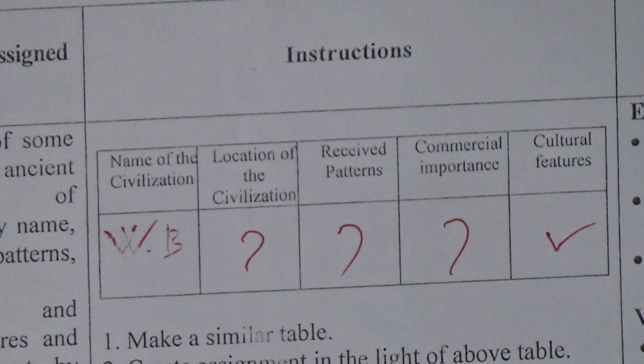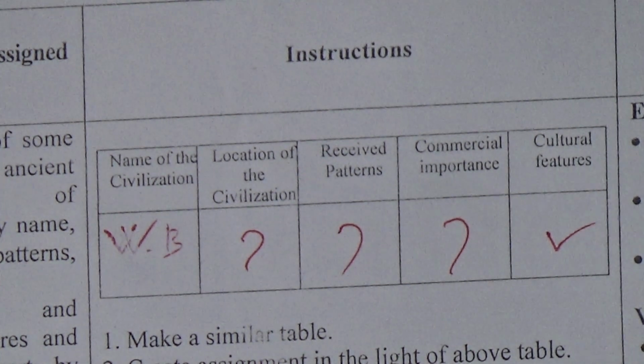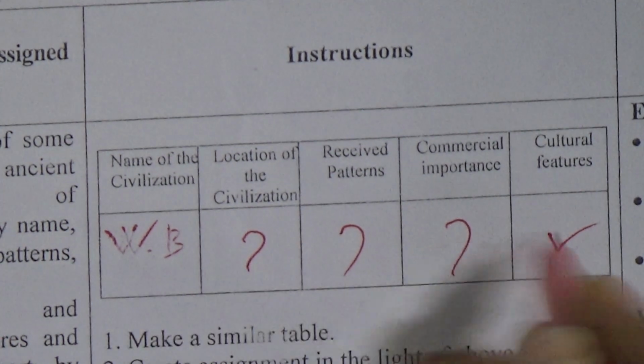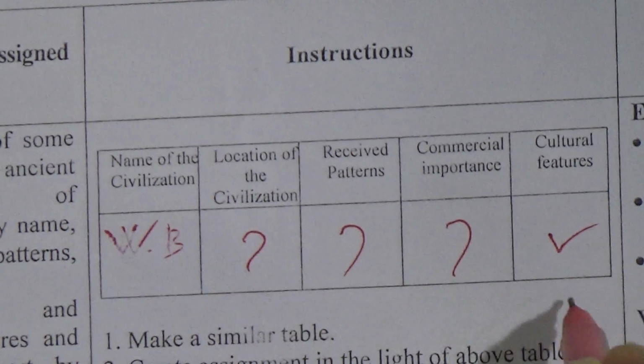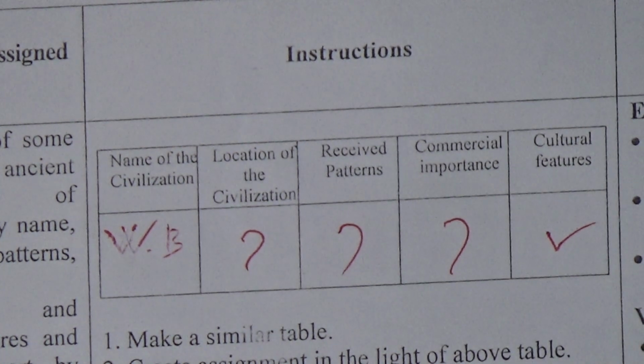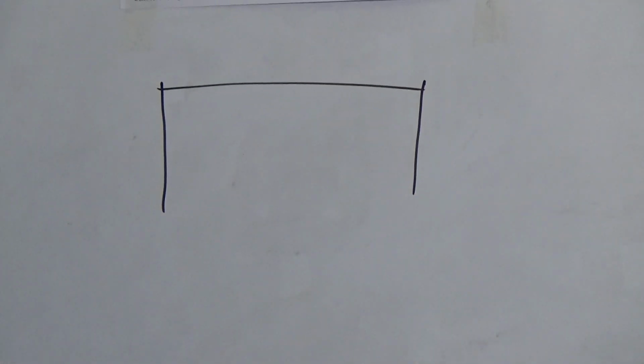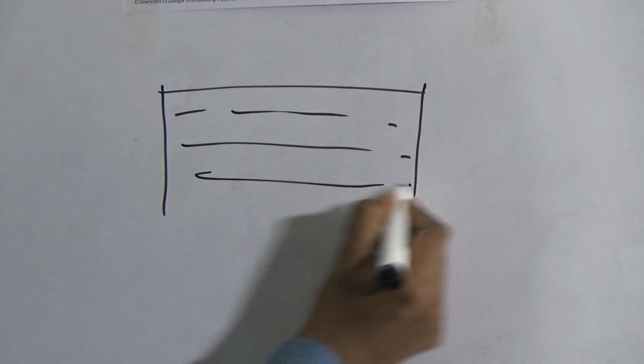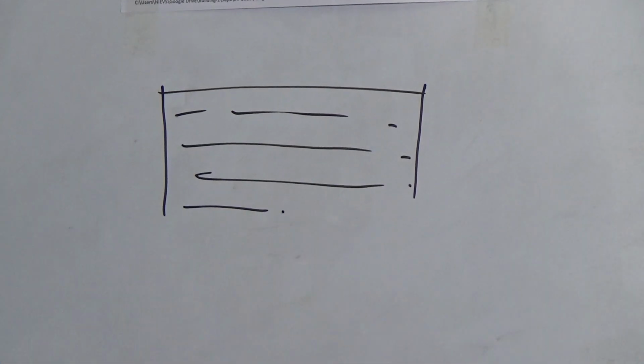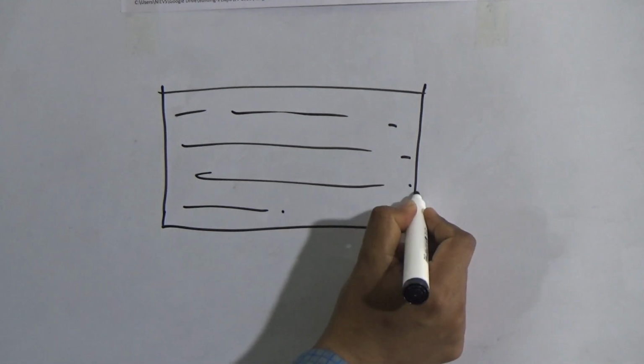And if it is very hard for you to write it within one page, then you may use 2 or 3 pages. But one thing, dear students, be careful. After writing one point, you will fill in the table. But before writing, don't fill in the table. Imagine that this is a table. So you start writing, and after the writing is finished, then fill in the table.